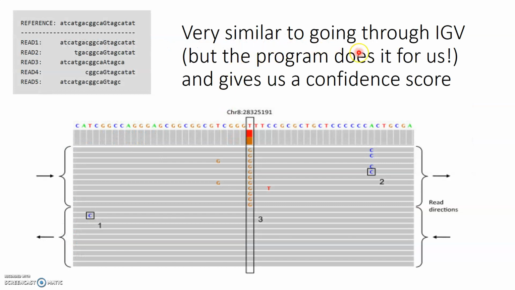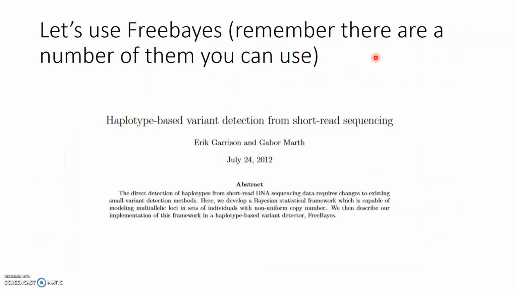Remember, this is what it looked like when we were going through IGV. It's very similar in that it gives a confidence score based on the variant call that it made, and it allows us to evaluate how sure it was that something is an artifact, for example, or a real variation. It just does this on a very, very large scale using the power of the computer. Remember our activity, we used a variant caller called Freebayes to output our VCF files.